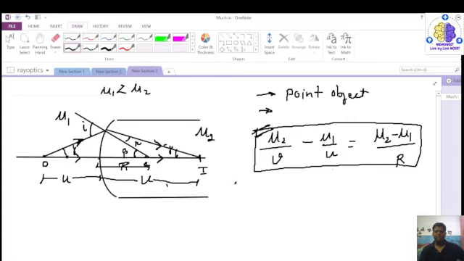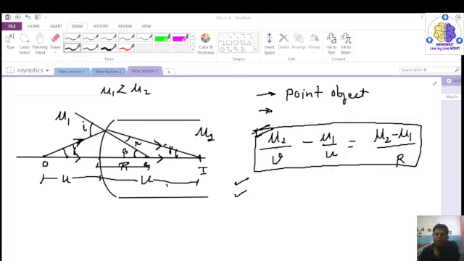The second thing is that in this formula, mu1 will always be the refractive index of the medium containing the angle of incidence, and mu2 will always be the refractive index of the medium containing the refracted angle.